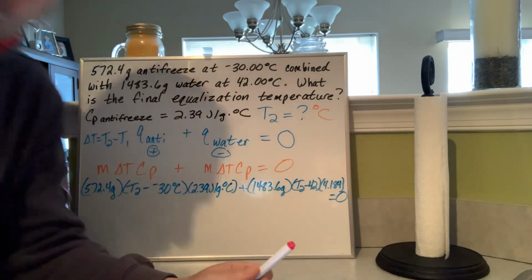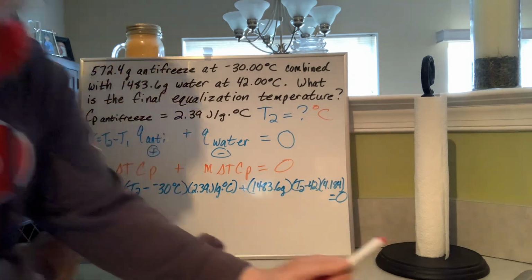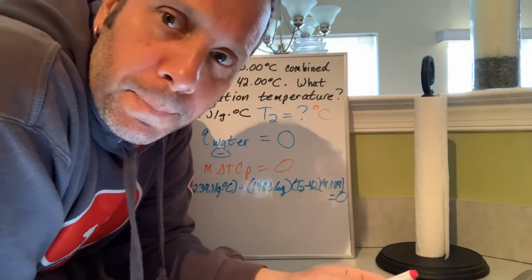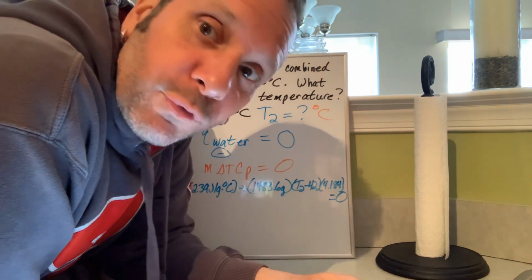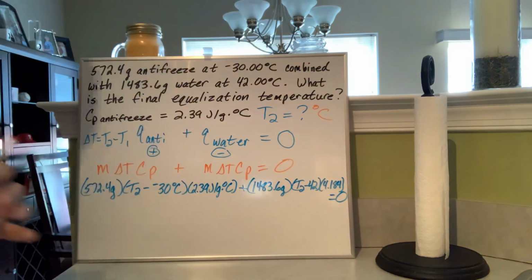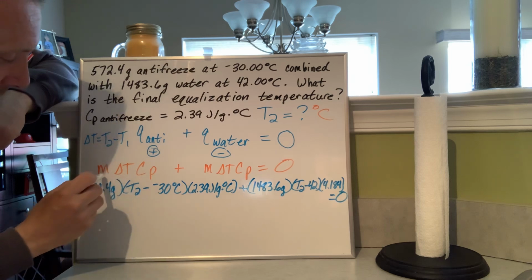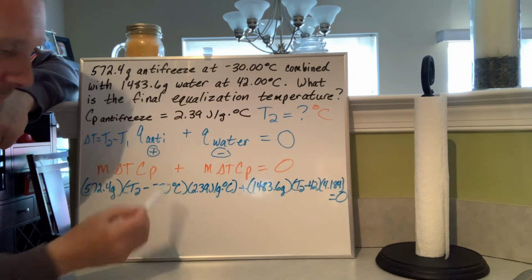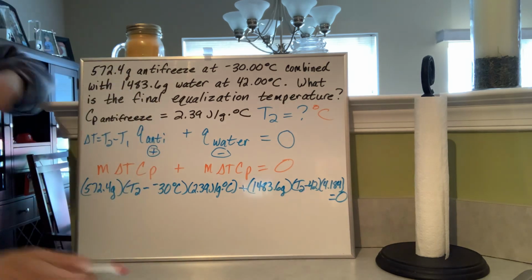Here's where the math might get a little bit confusing. 2 times 3 times 4 is the same as 3 times 2 times 4, is the same as 3 times 4 times 2, is the same as 4 times 3 times 2. It's all the same. So M times delta T times CP is the same thing as M times CP times delta T. If you don't believe me, put it in your calculator.